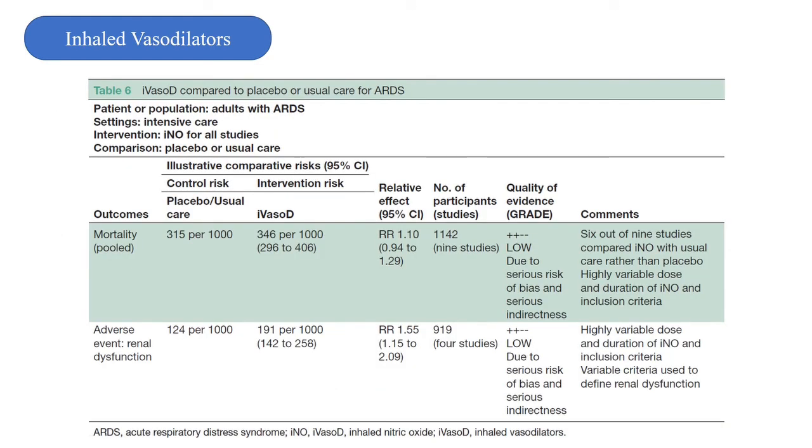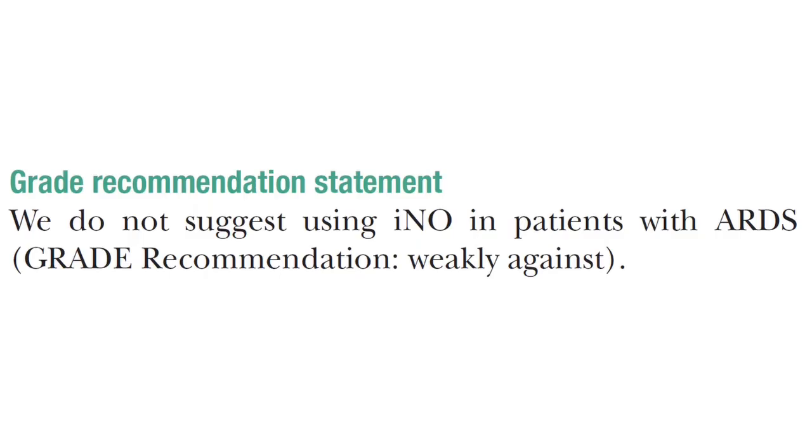From the clinical point of view, again, the use of inhaled vasodilators showed no significant impact on the mortality, and it showed a more deleterious effect in terms of a significant increase in renal dysfunction with the use of inhaled vasodilators or inhaled nitric oxide.